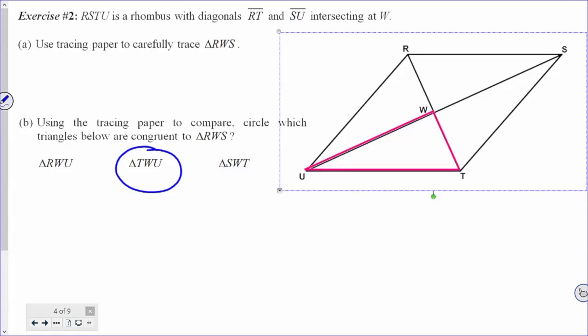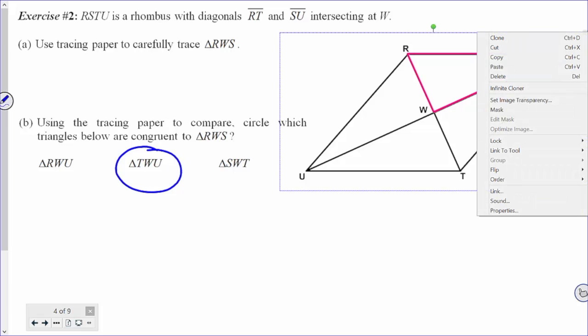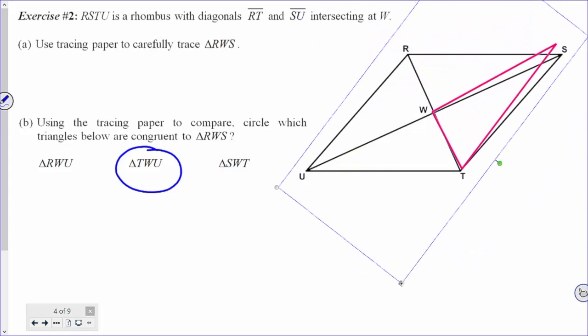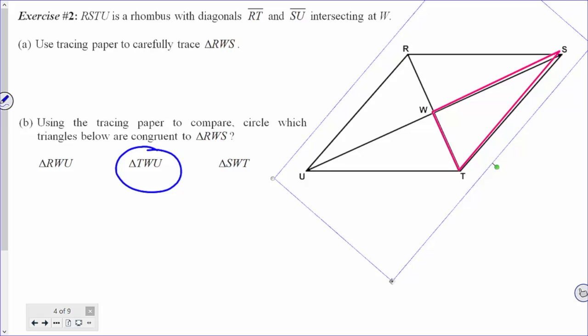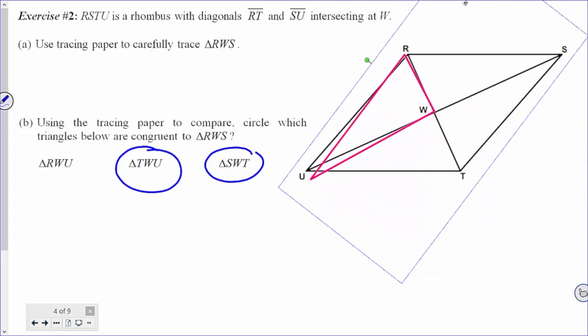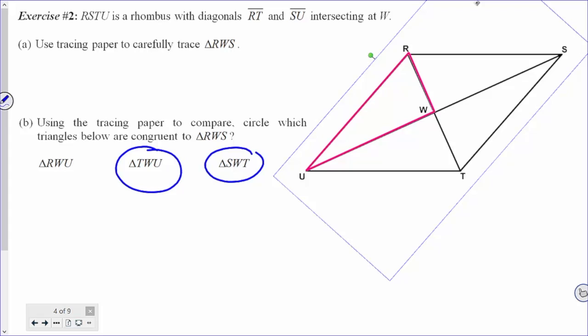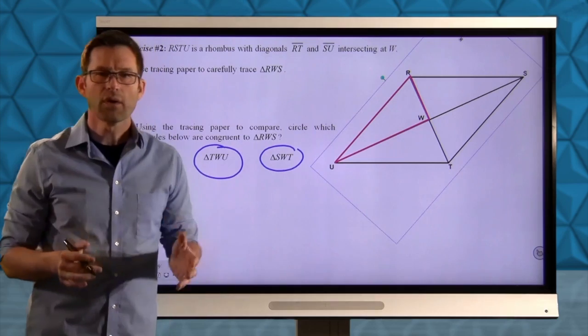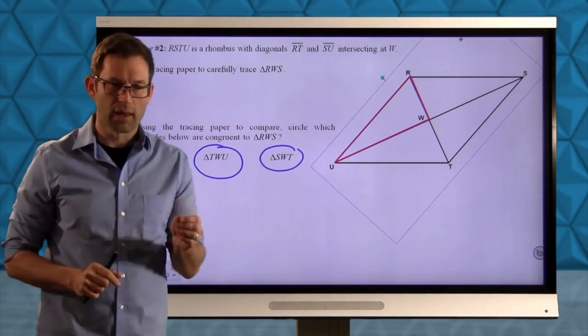But if I do a little reflection, which for you means that you would turn your tracing paper over, then we can see that it's also congruent to SWT, and it's congruent to RWU. So now this is very, very important. Generally speaking, this isn't the case in parallelograms, right?